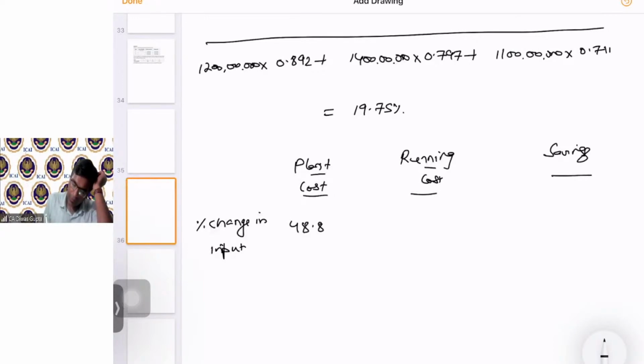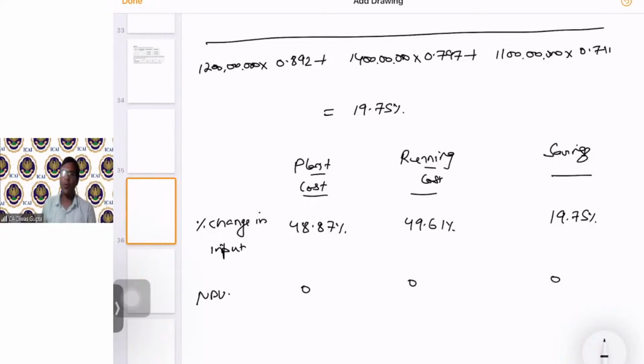Here it is 48.87%. Running cost is 49.61%. This is 19.75%. Okay. And with all these changes, NPV will become 0.